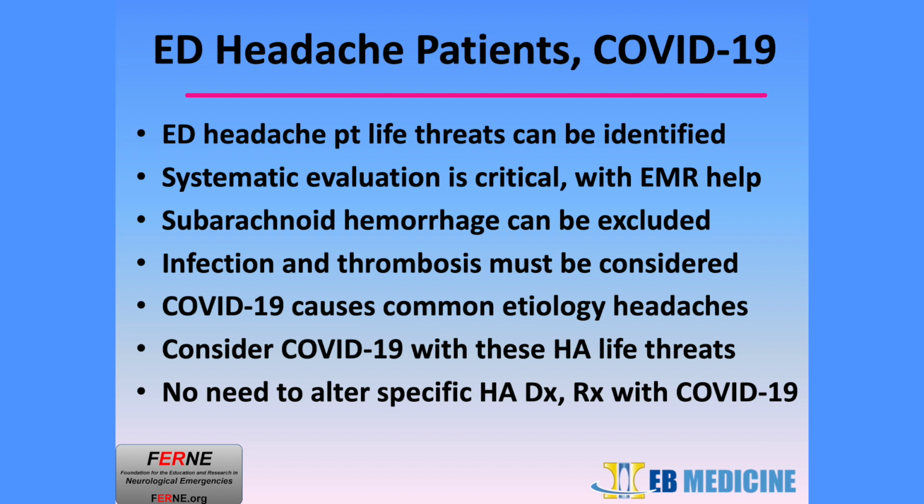Most importantly, subarachnoid hemorrhage can be excluded in patients who present with sudden severe headache, given our current diagnostic capabilities. Also to be noted, head and neck infection, CNS infection, and CNS thrombosis must be considered if subarachnoid hemorrhage is excluded as the likely etiology for patients with potentially life-threatening headaches in the emergency department.